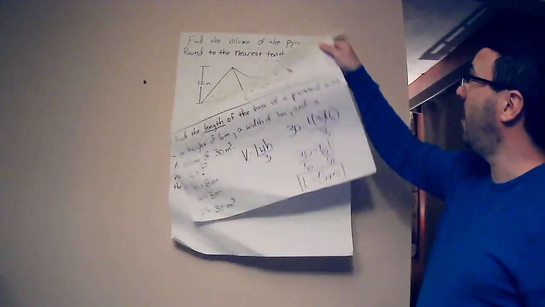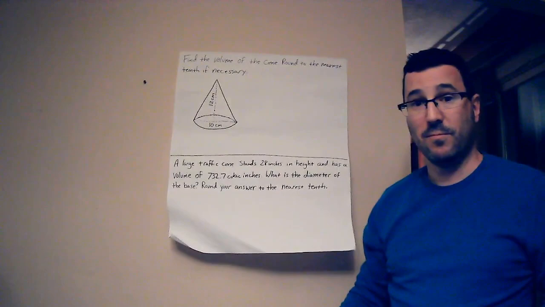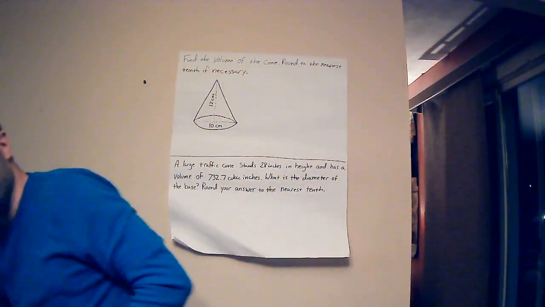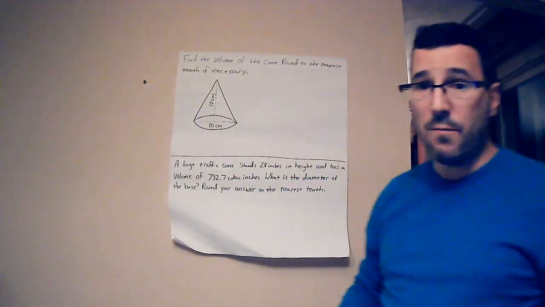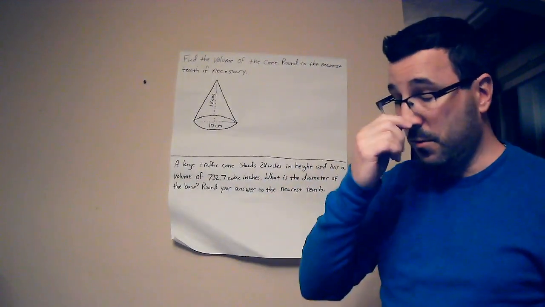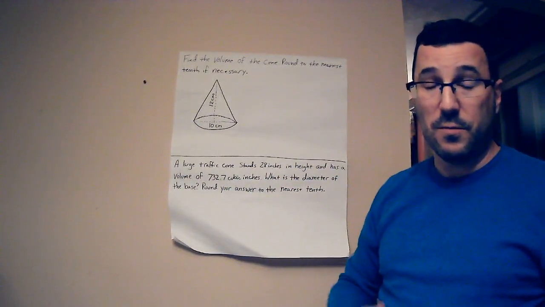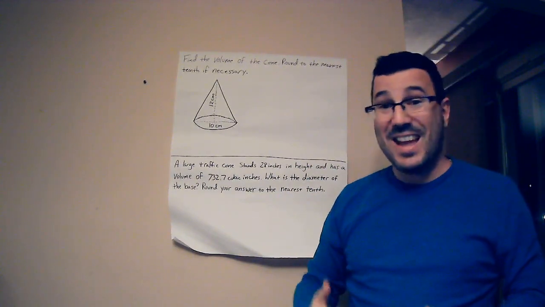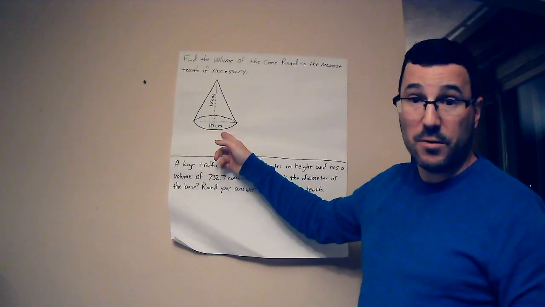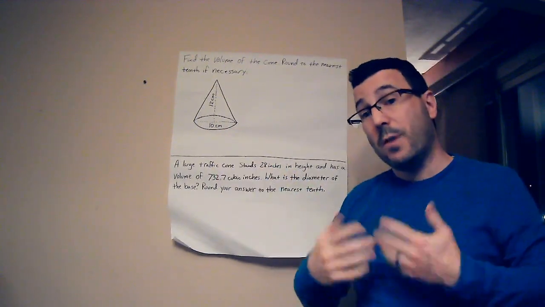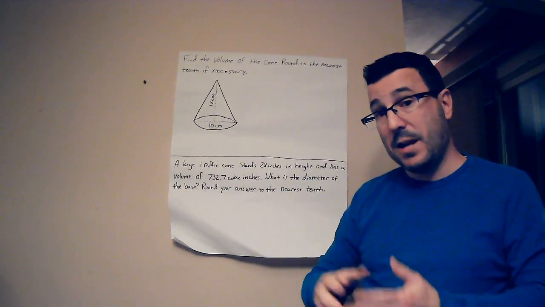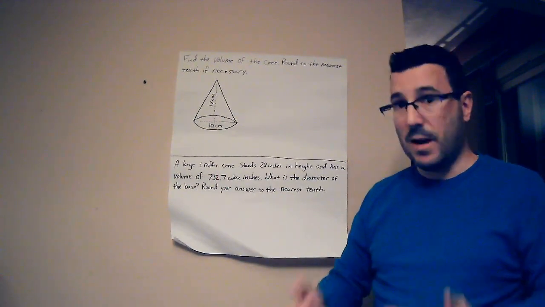But now we also have a cone. Now, like I said, a cone is very similar to how you find the volume of a pyramid, but now our base is round. So now we have to think back to that volume equals the area of the base times height divided by 3.